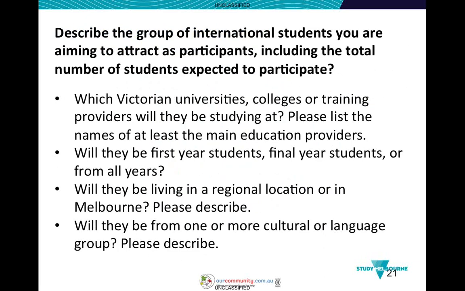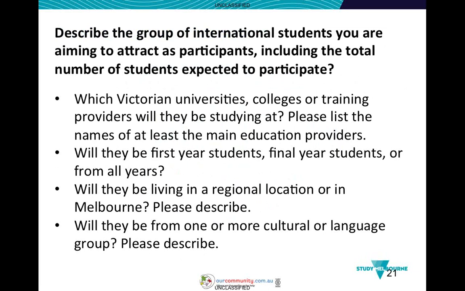The next one is to describe the group of international students you're aiming to attract as participants, including the total number of students expected to participate. So list the names of at least the main education providers. You know, where will they be studying? Are they going to be first year students, final year students, or from all years? Where are they actually going to be living?